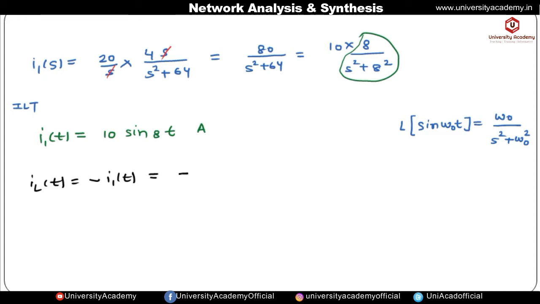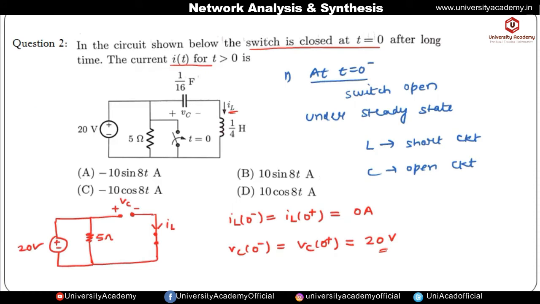So we are getting minus 10 into sine of 8t ampere. This is the correct answer, with the minus sign. This is matching with option A, minus 10 into sine of 8t. So option A is correct.